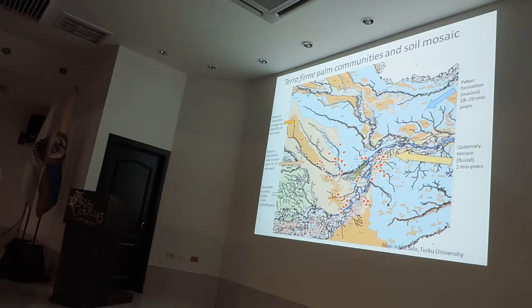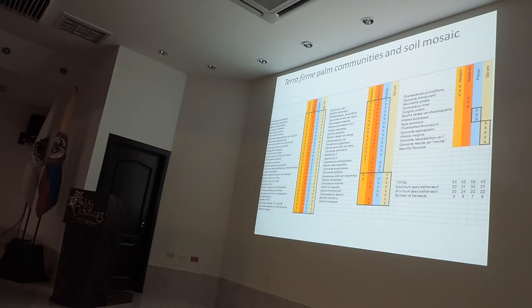So this is interesting to see how different the communities are in a forest that looks very similar on the surface. So these red dots are some of our 550 transects which were made in the environment of Iquitos.